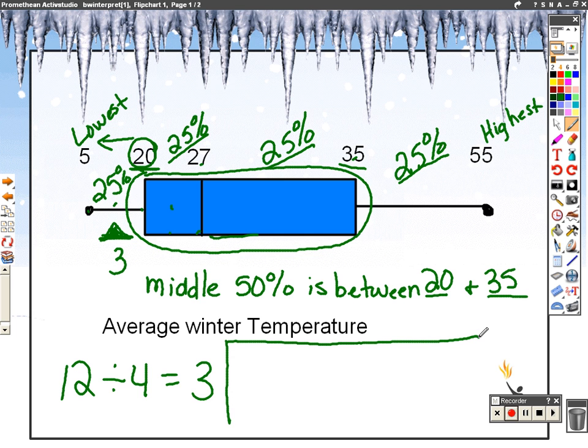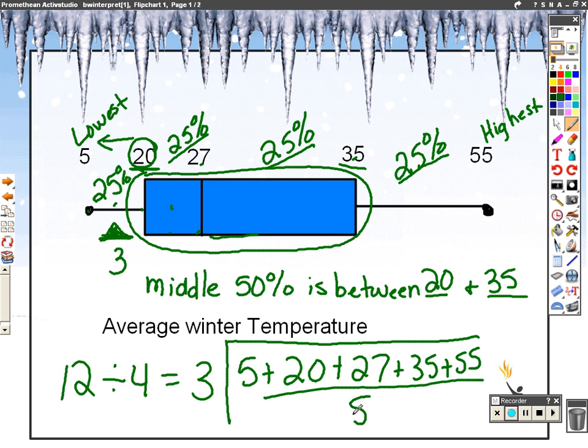One way is to take the 5 numbers from my box and whiskers, so 5 plus 20 plus 27 plus 35 plus 55, and divide by 5 because there are 5 data points. 5 plus 20 is 25. 25 plus 35 is 60. 60 plus 55 is 115, plus 27 is 142.